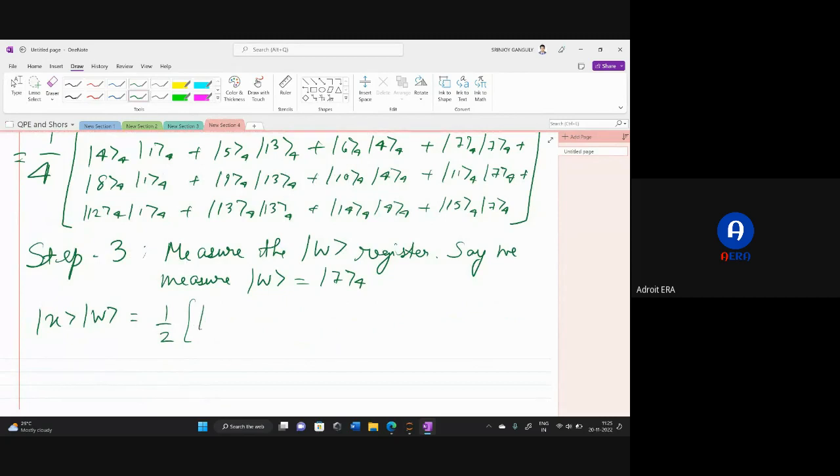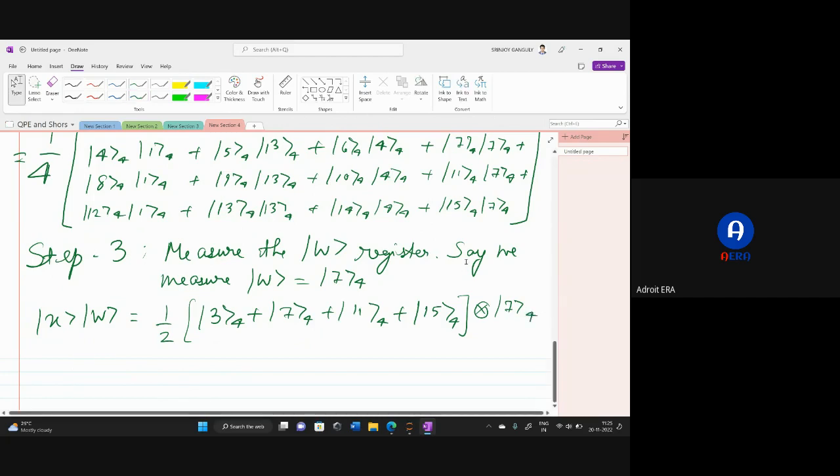So the superposition becomes 3, 7, 11, and 15. These are the things which are left once we collapse it, because we collapsed to 7.